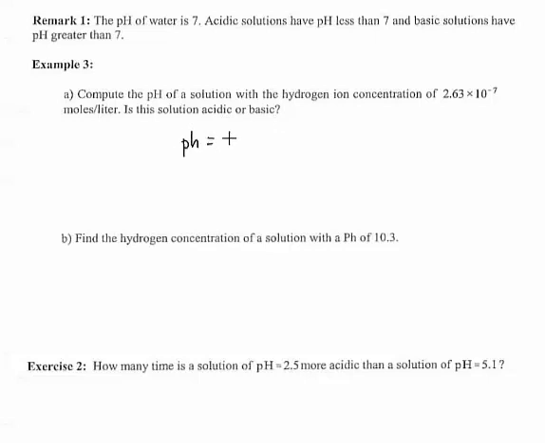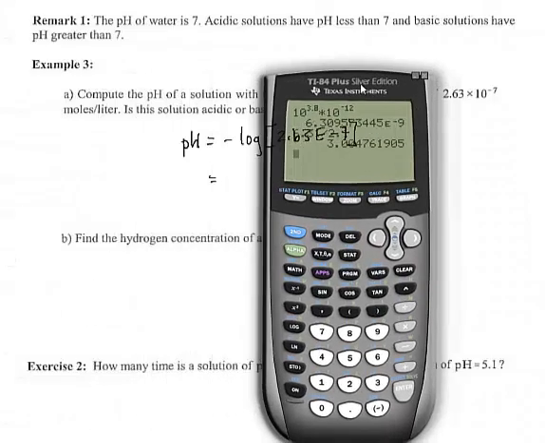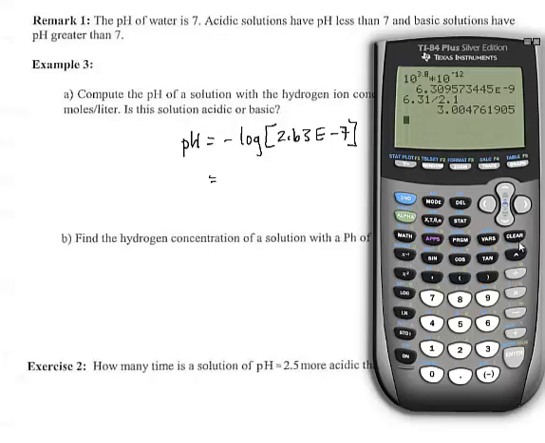Okay, pH equals a capital H, minus the common log of the concentration, 2.63 E negative 7. So if you start out with a minus for the expression, you don't want to use the subtract symbol. You want to use this key here that's grouped with the number keys.